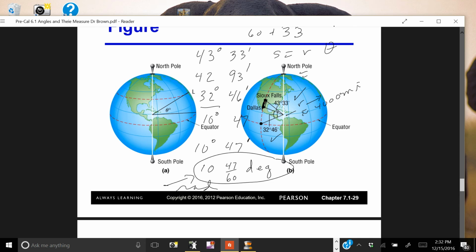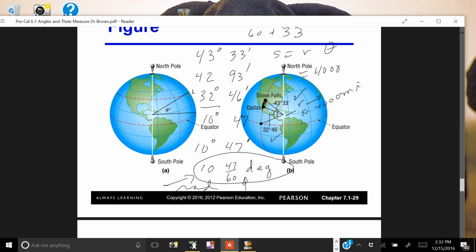The radius is 4,000 miles, and the angle is 10 degrees, 10 and 47/60ths of a degree. Convert that to radians, and you would have the distance between them.